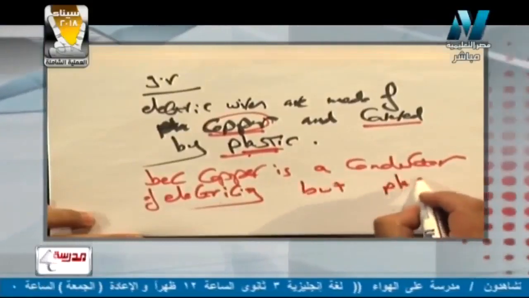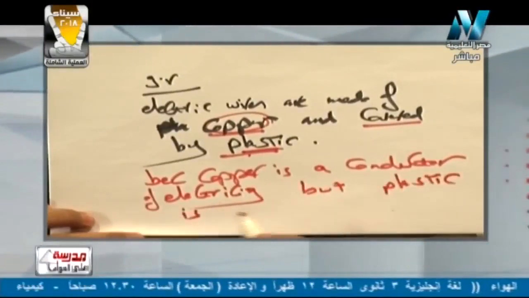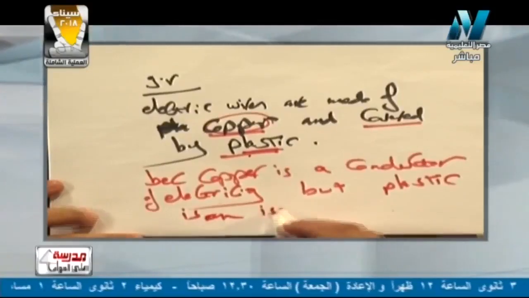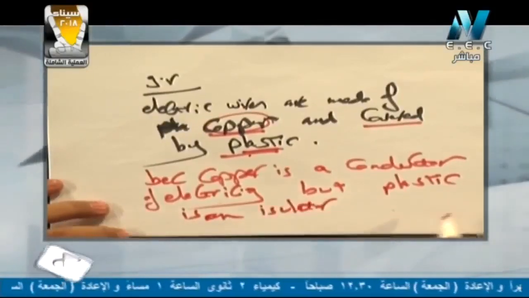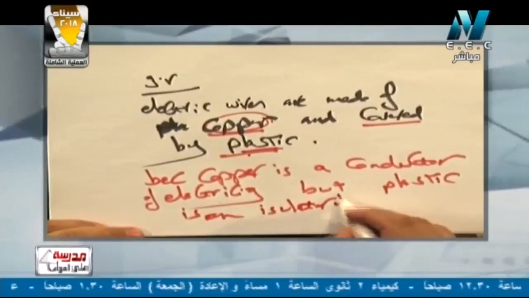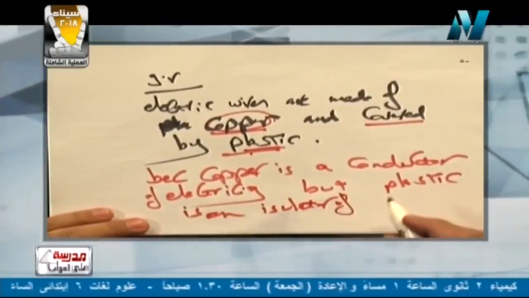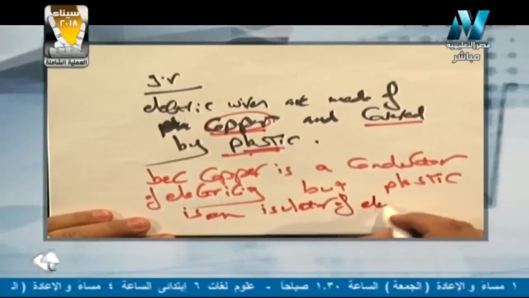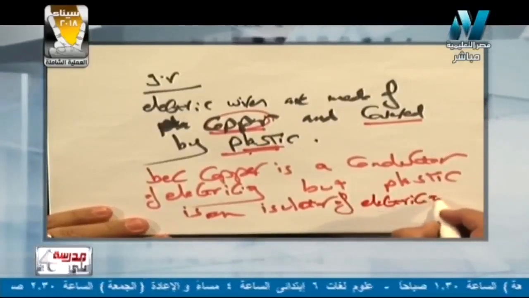But plastic is an insulator of electricity. يبقى ما ينفعش اعمل الكفر بس كده without a cover. لازم يكون في مادة عازلة بره اللي بنسميها insulator او البلاستيك of electricity. Why? To protect or to prevent electric shock. So again, the electric wires are made of copper, and also they must be covered by plastic.